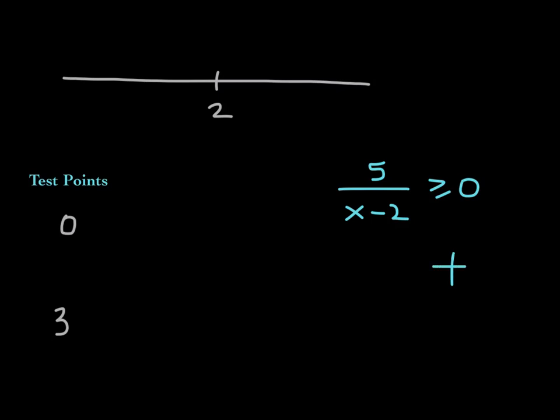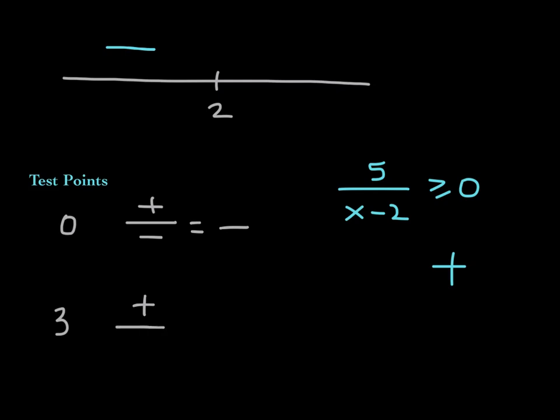Here we go. When I plug in 0, the numerator is always positive. But when I plug in 0 in the denominator, I just get negative 2. So a positive divided by a negative is a negative. So this interval here is negative. Now let's go for the next test point. The numerator is positive because it's fixed at 5.